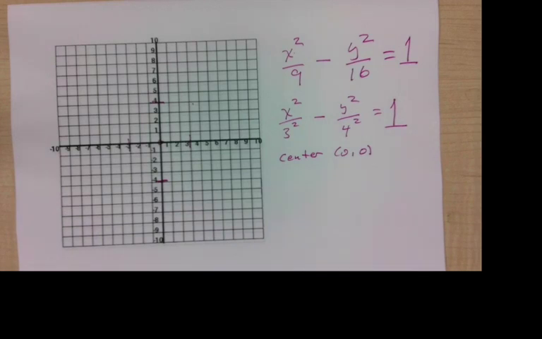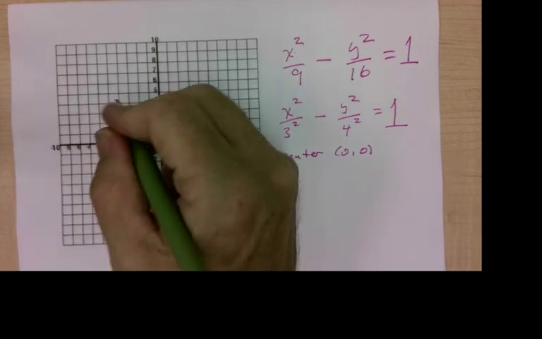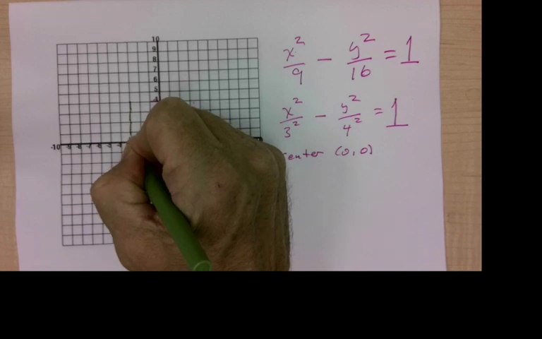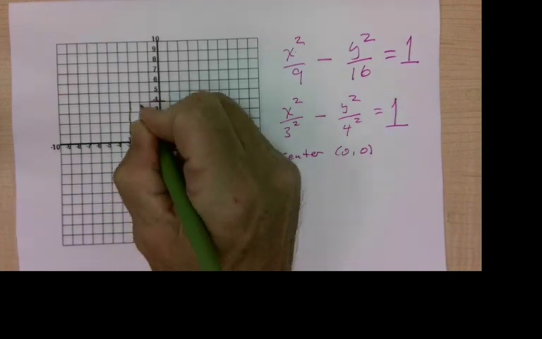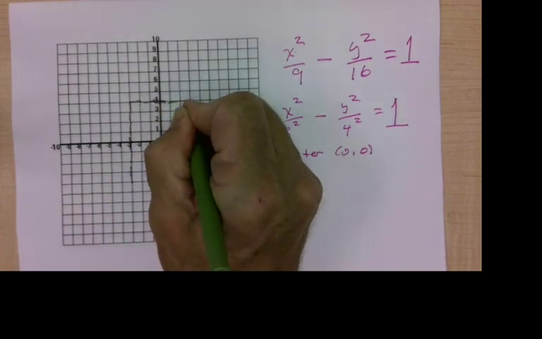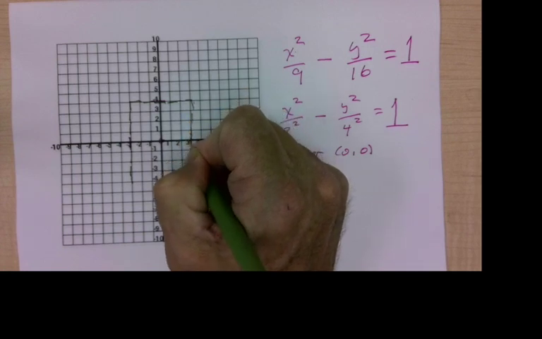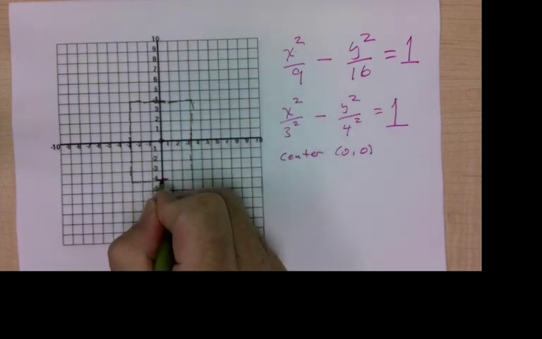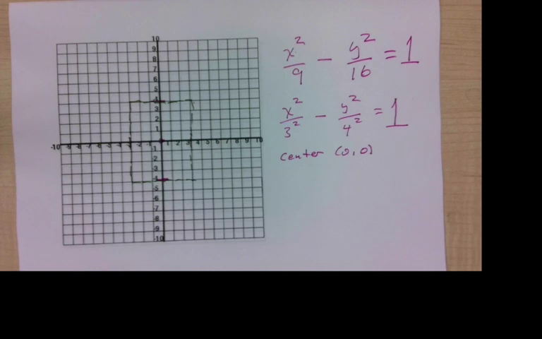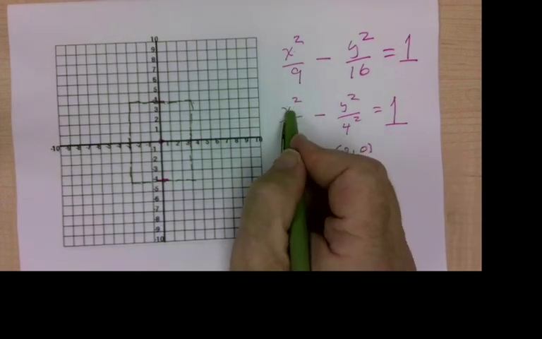And this is going to give us a box that we can use to identify the asymptotes for this hyperbola. So we're going to draw in that box. Over 3, up 4, from 0, 0. Now, the fact is, x comes first.